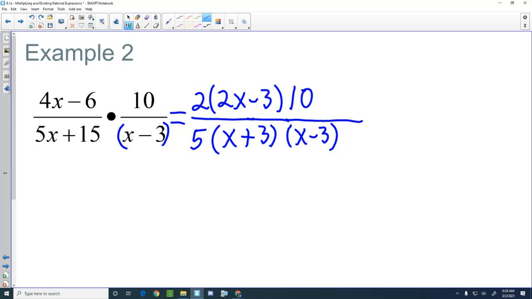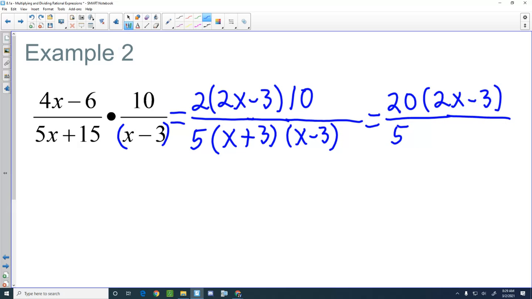Now there are going to be some of the coefficients that simplify or cancel out. You can simplify them now or do it later. So right now I'm going to take the 2 and the 10 and multiply them together to get 20. That leaves me with 2x minus 3. In the denominator, I've got 5, x plus 3, and x minus 3.